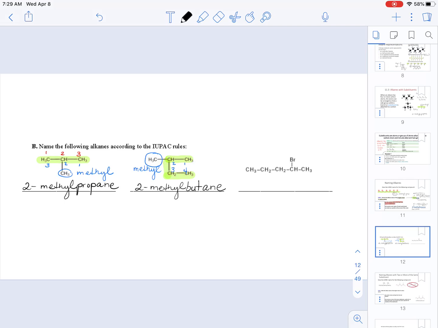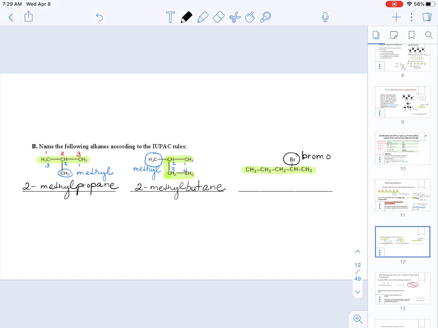Let's deal with the last molecule. We're going to be selecting the longest carbon chain. In this case, it is going to be the carbons that we have from left to right. As you can see here, it is going to be 5 carbons. I'm going to directly number them to give that bromine, or in other words, this is my substituent, this bromo substituent, the lowest number.